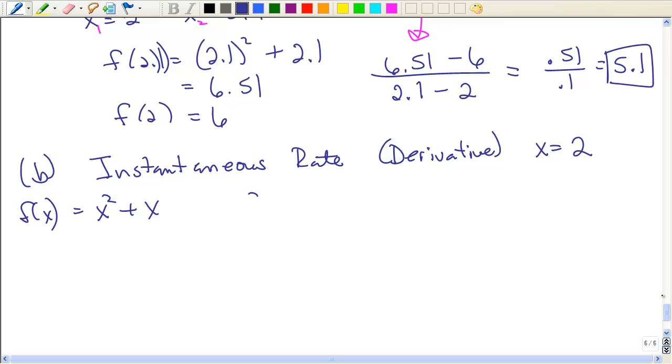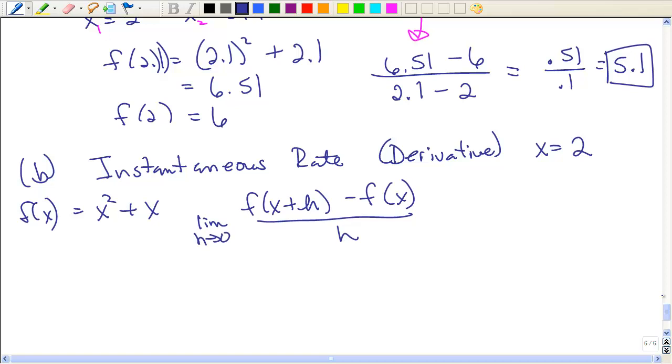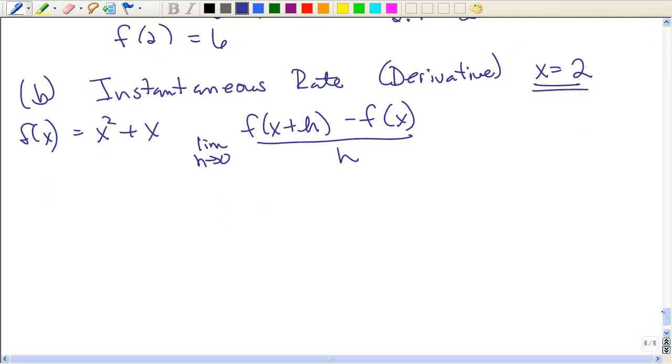I'm going to take the derivative and then let the limit as h approaches 0, because h is the distance between the x values. So we went from 2 to 3, from 2 to 2.5, 2 to 2.1, so we're getting closer and closer. Now we're going to be exactly at 2, so we'll have a tangent line.